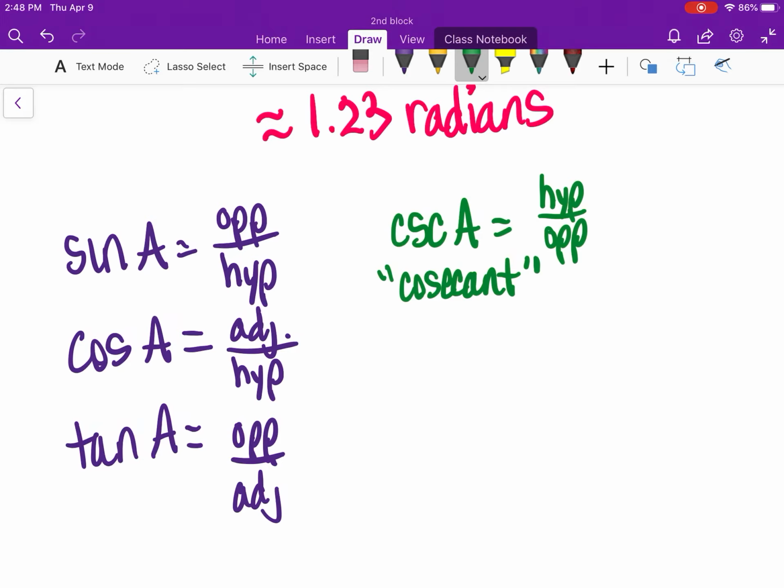The reciprocal of cosine is called secant, and we abbreviate that SEC. So if cosine is adjacent over hypotenuse, then secant is going to be hypotenuse over adjacent.